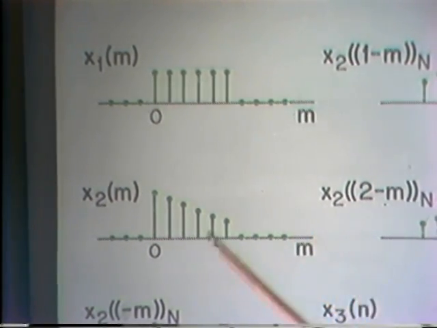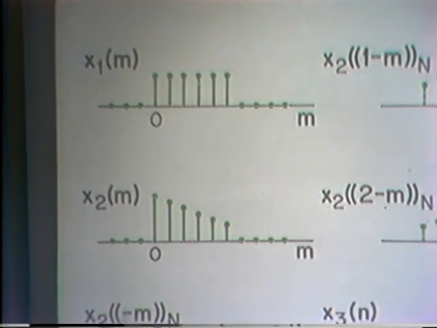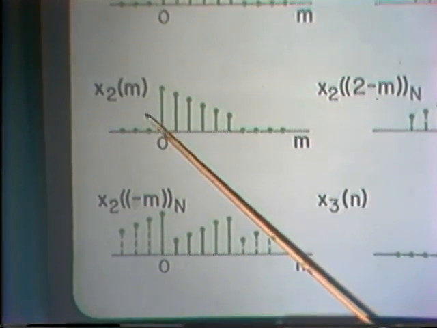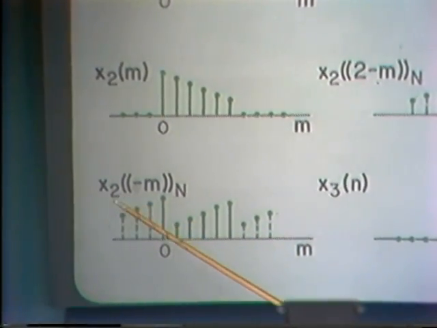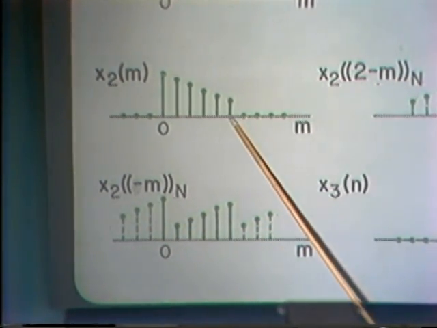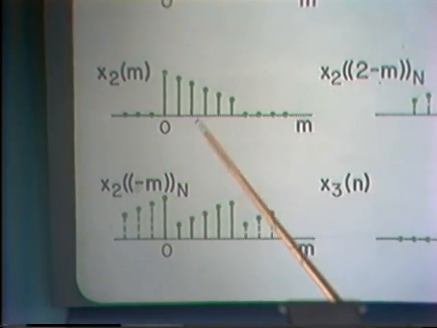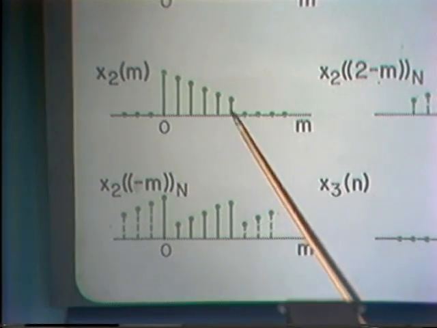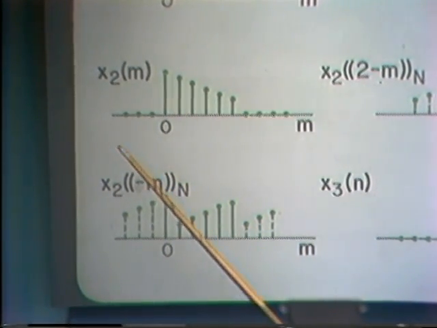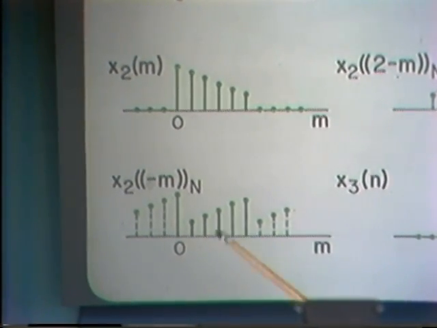First of all, we form from x2 of m, x2 of n minus m modulo capital N. For example, if little n equals 0, so that we're looking at x2 of minus m modulo capital N, that corresponds to flipping this over and then taking the values modulo capital N. The points that come off the end get wrapped around back onto this side, as I've illustrated here.